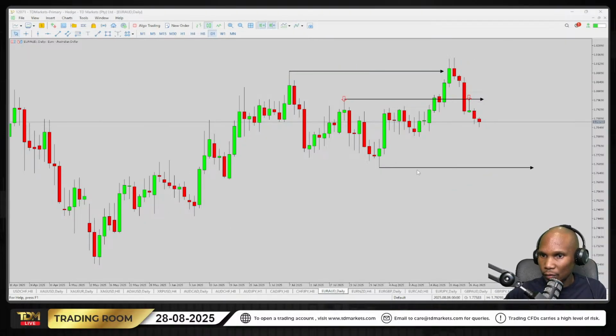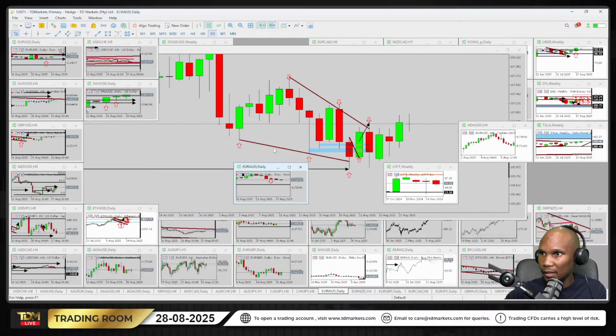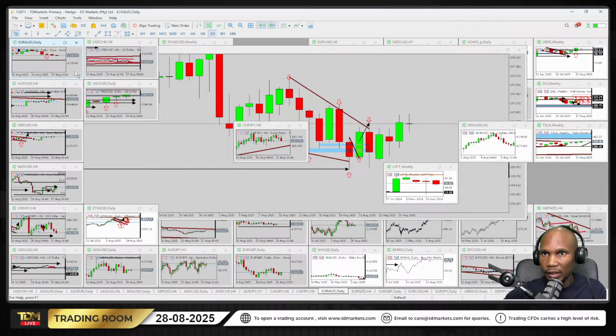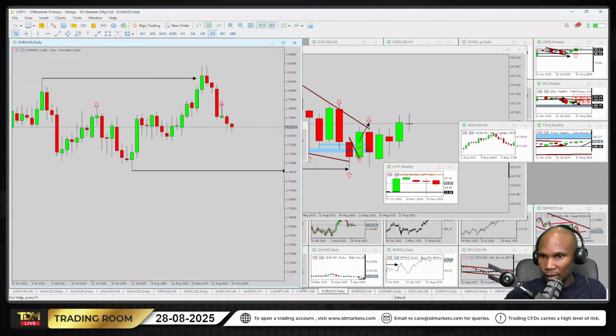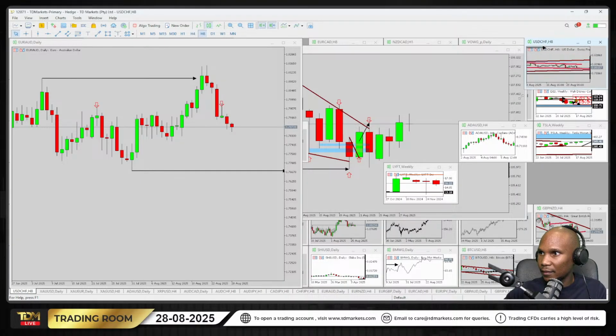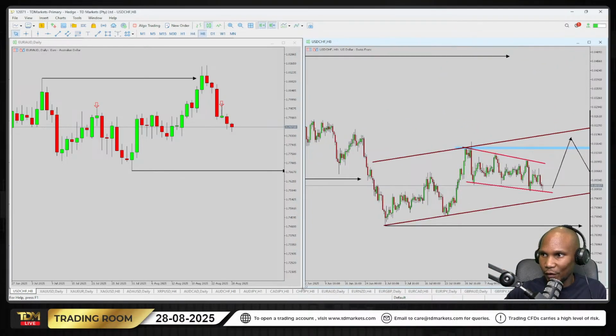Let me show you an example of this. You see this? Let me show you guys what I'm talking about. So we're looking at Euro AUD. I'm going to put Euro AUD on the left, and then I want to show you guys this pattern that I'm talking about. It forms when it forms, right?